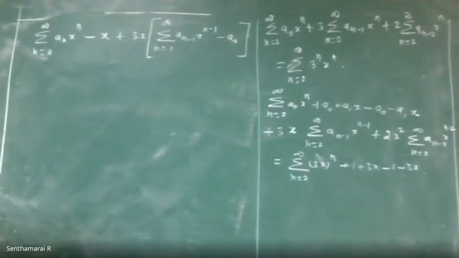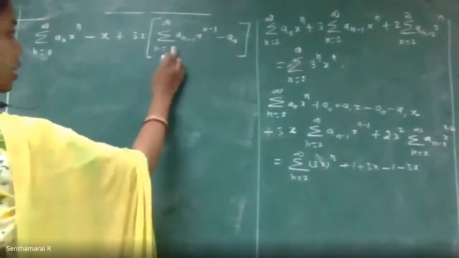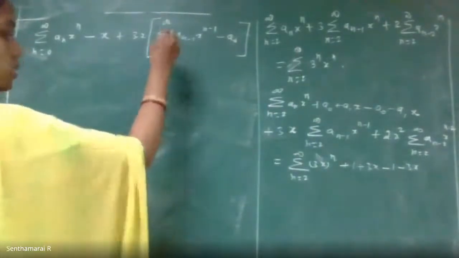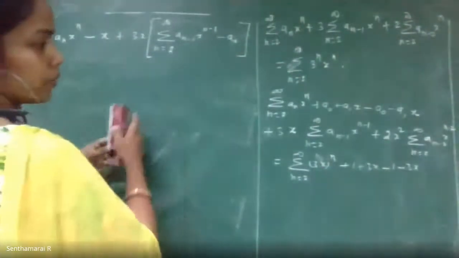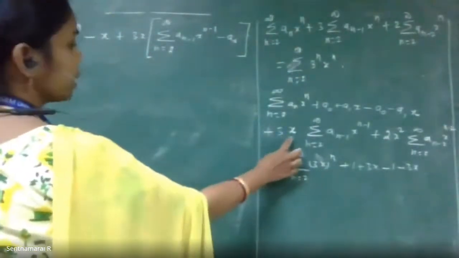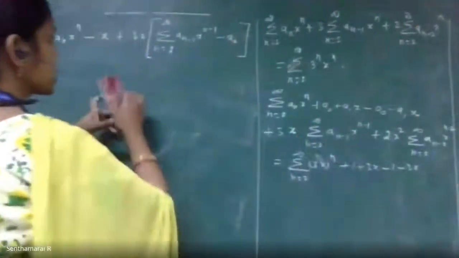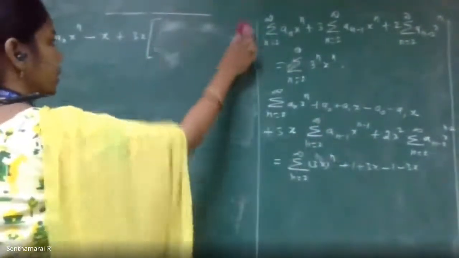What will come in the next term? Otherwise, you write it. I am taking n equal to 2 to infinity. Now you just expand the series. You can easily understand it. The second term, 3x into, you just expand this summation. What will you get?